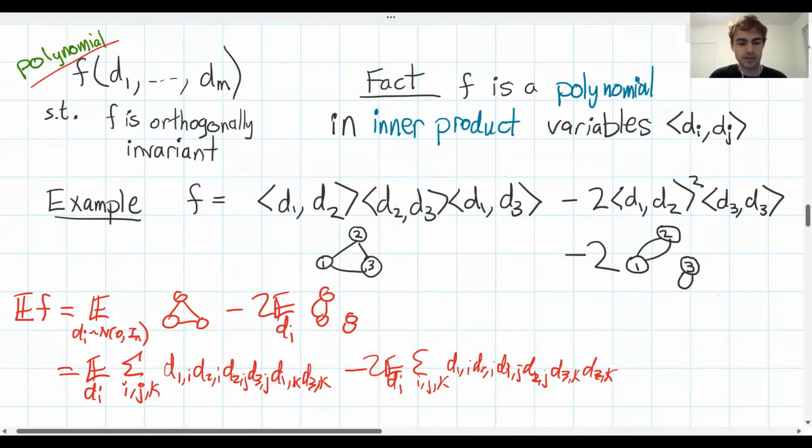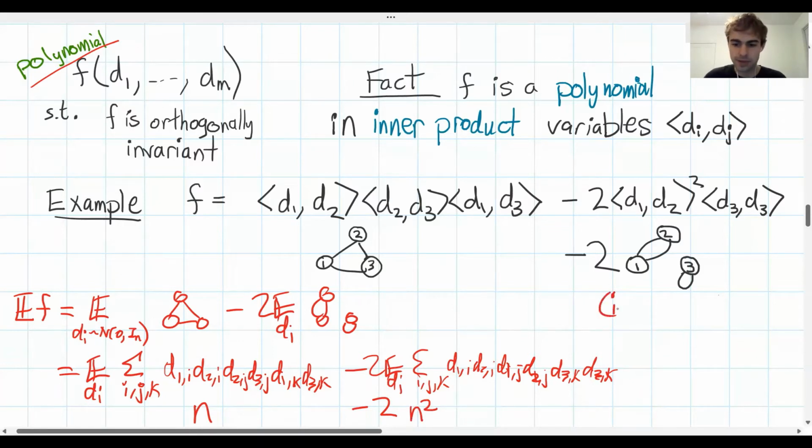And if that happens, then you get d1i squared, d2i squared, d3i squared. Those are all equal to 1 because the Gaussian has variance 1. So in fact, this first term is just equal to n because there are n non-zero terms, each of size 1. In the second expression, something similar happens. You must have i equals j, but then k is free to vary. So actually you get n squared here in this second term.